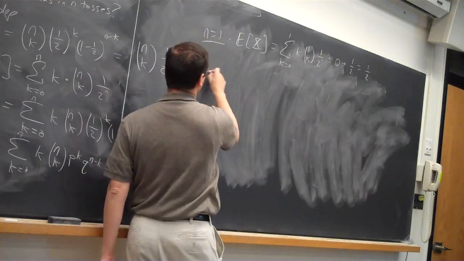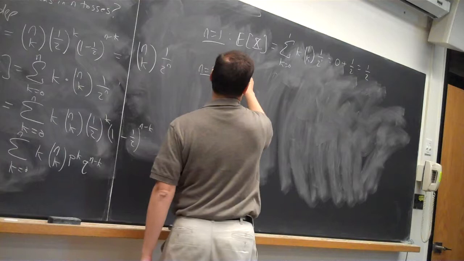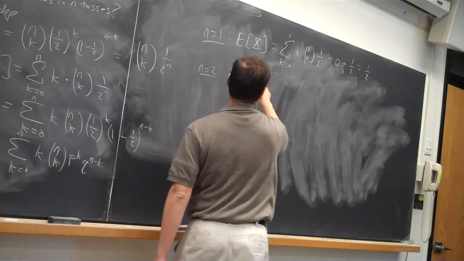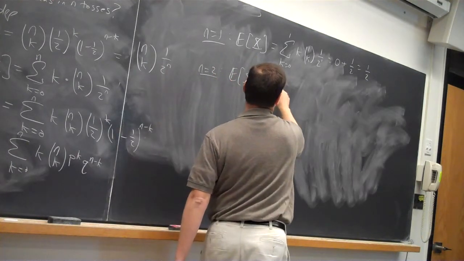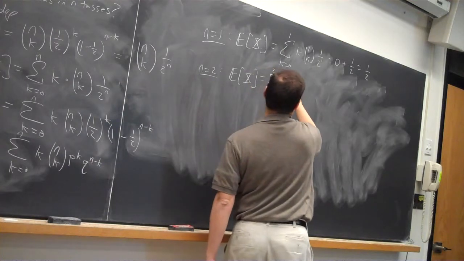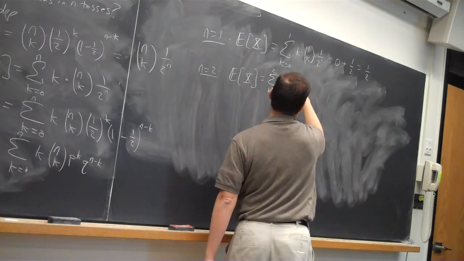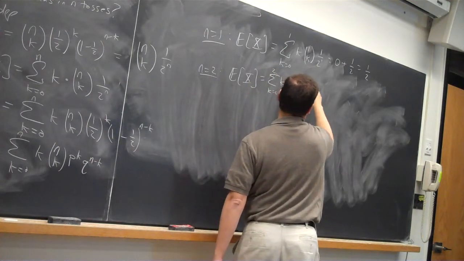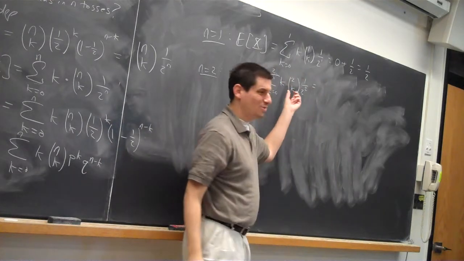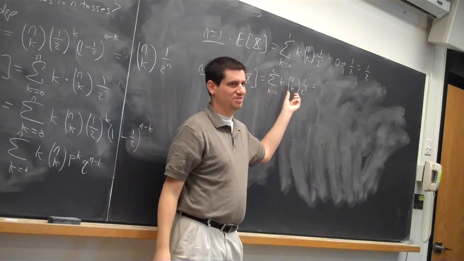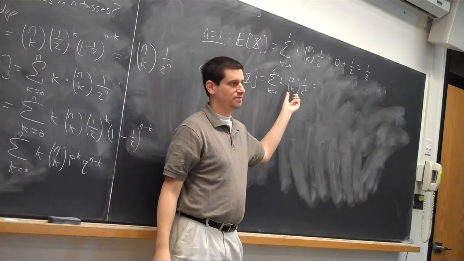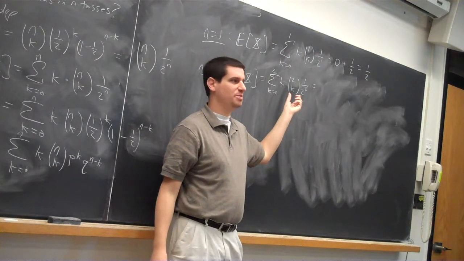Building on our success, when n equals 2, we want the expected value of x. It's a little bit more now. It's now the sum, k goes from 0 to 2, of k times 2 choose k times 1/2 squared. Do I have to bother writing what I get when k equals 0? Does k equals 0 contribute to the mean?